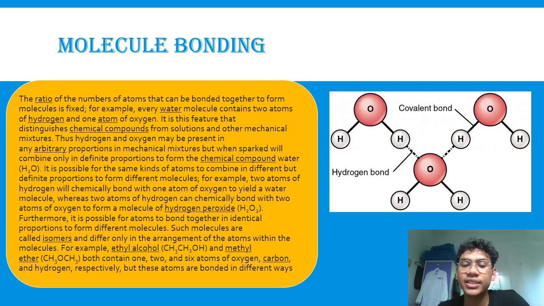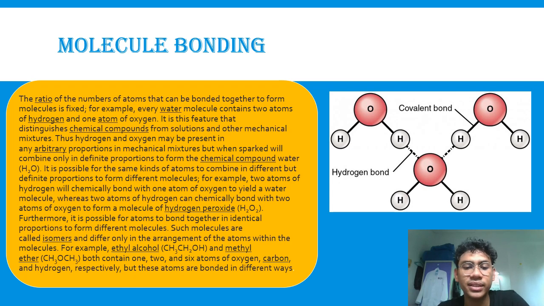It is this feature that distinguishes chemical compounds from solutions and other mechanical mixtures. Thus, hydrogen and oxygen may be present in any arbitrary proportion in a mechanical mixture, but when sparked they will combine only in definite proportion to form the chemical compound water, H2O.